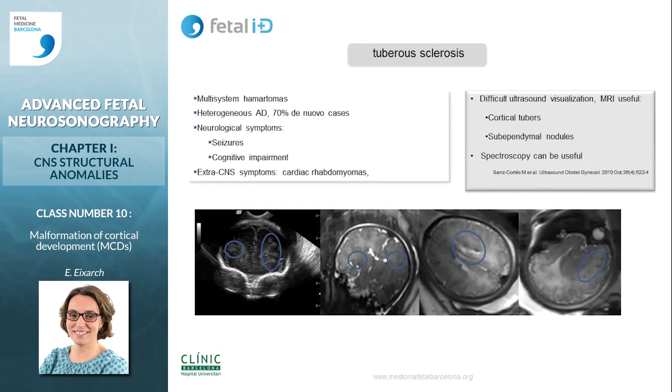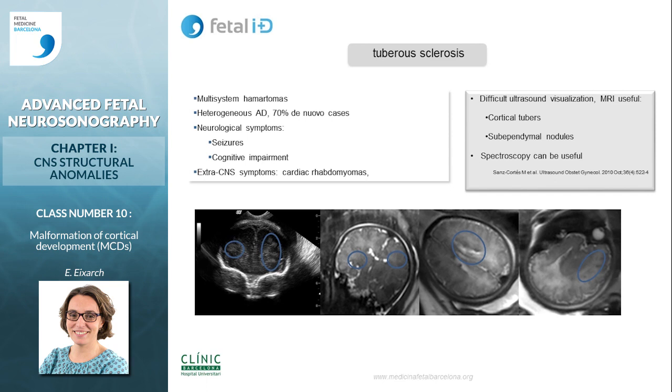Another entity found in proliferation defects is tuberous sclerosis, which consists of multisystemic hamartomas, has an autosomal dominant inheritance with heterogeneous penetrance, and 70% of cases are de novo. It has severe neurological symptomatology with seizures and cognitive impairment, and can also be associated to extra central nervous system symptomatology, such as cardiac rhabdomyomas.